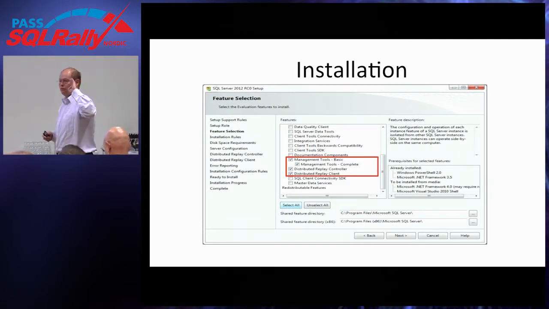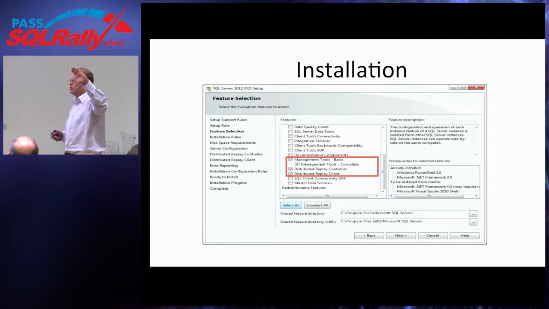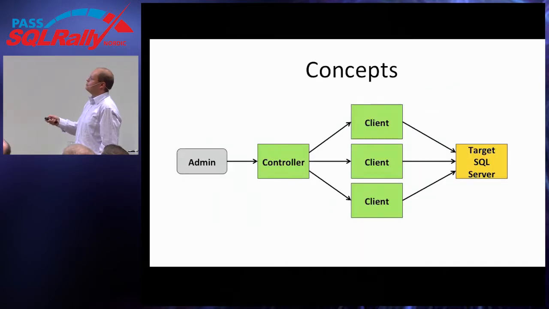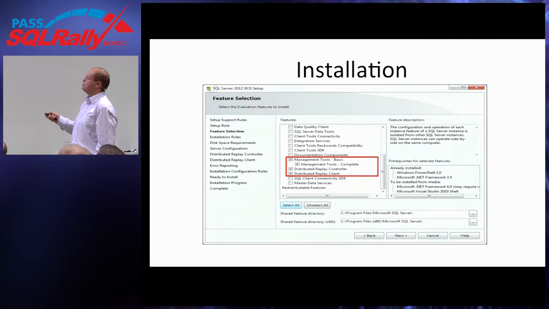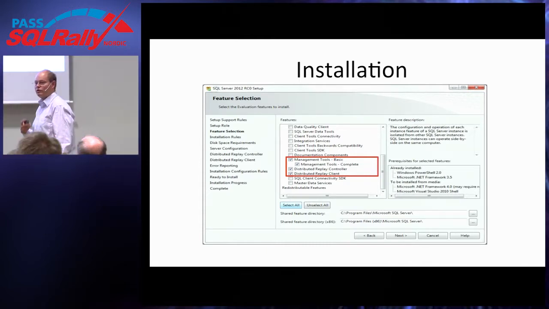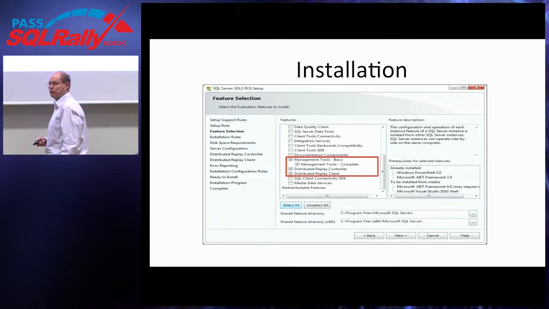In my case, I have just one virtual machine. That virtual machine has the controller and also the client deployed. Most important thing: on the machine where you are running the administration tools, those console applications that we have seen here, you also need to install the management tools basics. They are just needed so that those administration tools of distributed replay will work.